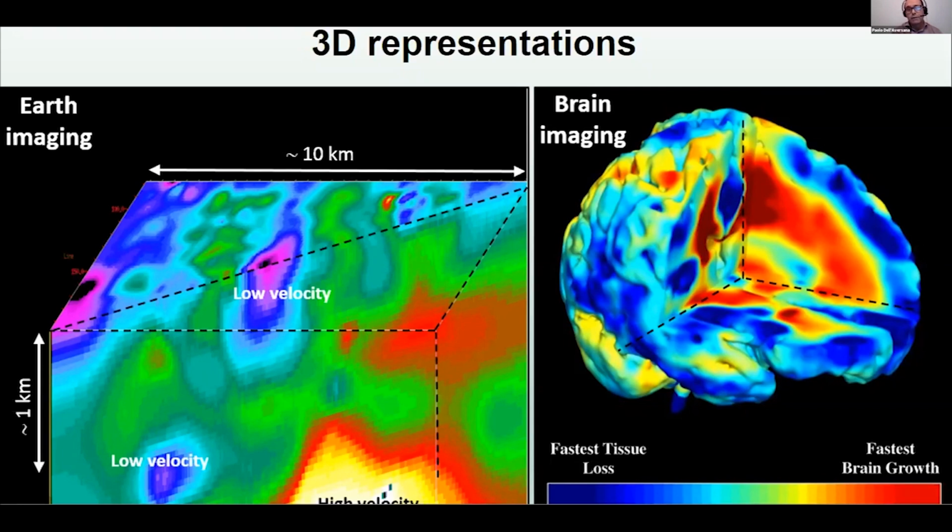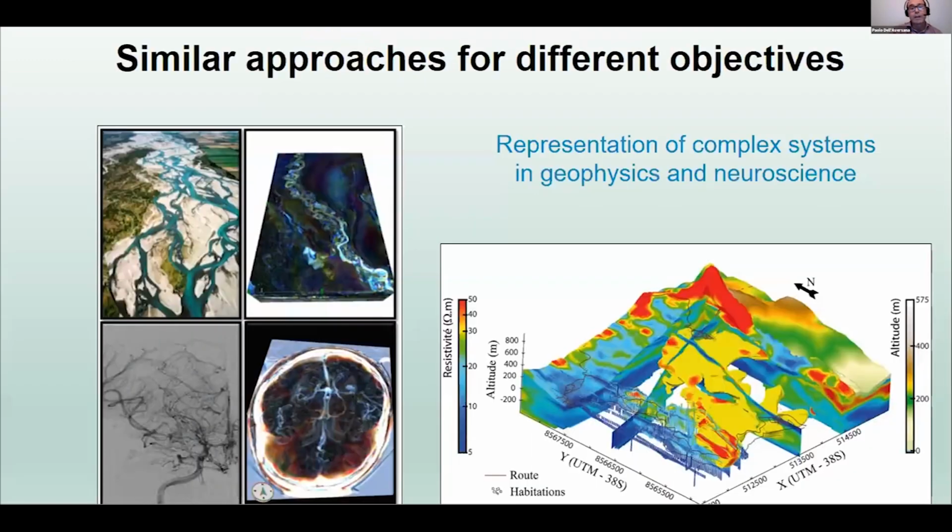image. And despite these two representations are oriented to two completely different purposes, they are based on the same concept, on the same mathematics. So basically in neuroscience, as well as in geosciences, we have similar approaches for different objectives.